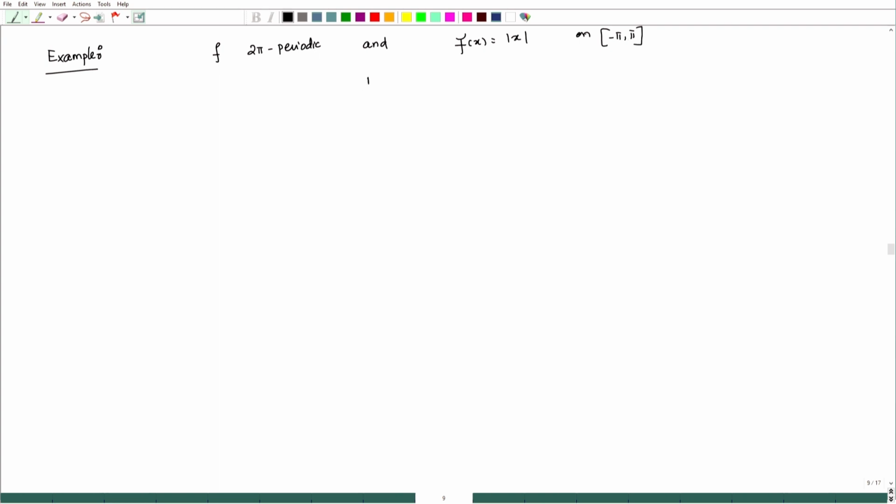So, this is nothing but the graph is something like this. This certainly is an even function, therefore f hat of 0 is equal to pi by 2, because this is nothing but the integral of 0 to pi x dx.